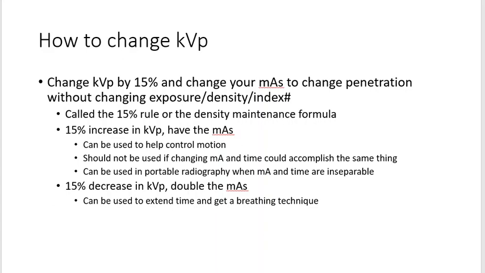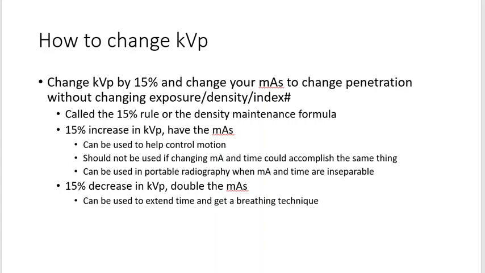So an increase in kVp with a corresponding reduction in mass can be used to help control motion. It should not be used if changing mA and time could accomplish the same thing, though, because you change the imaging characteristics of the X-ray beam. It can be used in portable radiography when mA and time are not separable, or they're not independent.